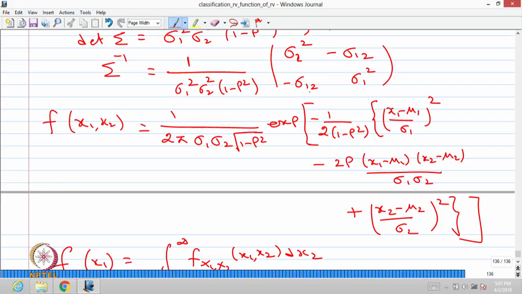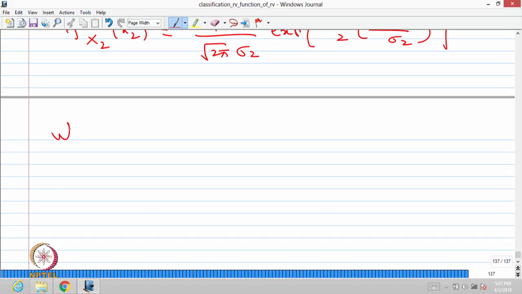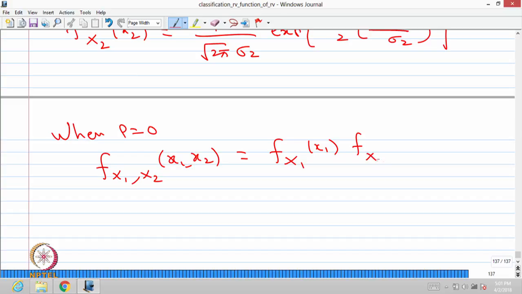From that we can come to the conclusion that the joint probability density function of x1, x2 is the same as the product of the probability density functions of x1 and x2. That is, when rho is equal to 0, the joint probability density function of the bivariate normal distribution is the product of the probability density functions of normal distributions.